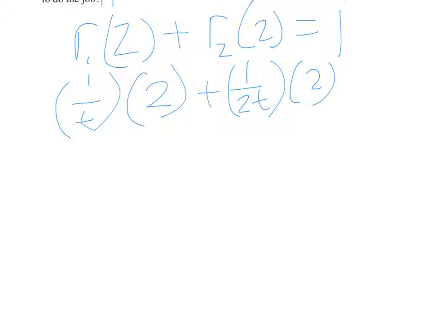The rate is 1 over 2t for the second because it's half as fast. So if we make the bottom 2t, since the 2's on the bottom, the rate of production would be cut in half.